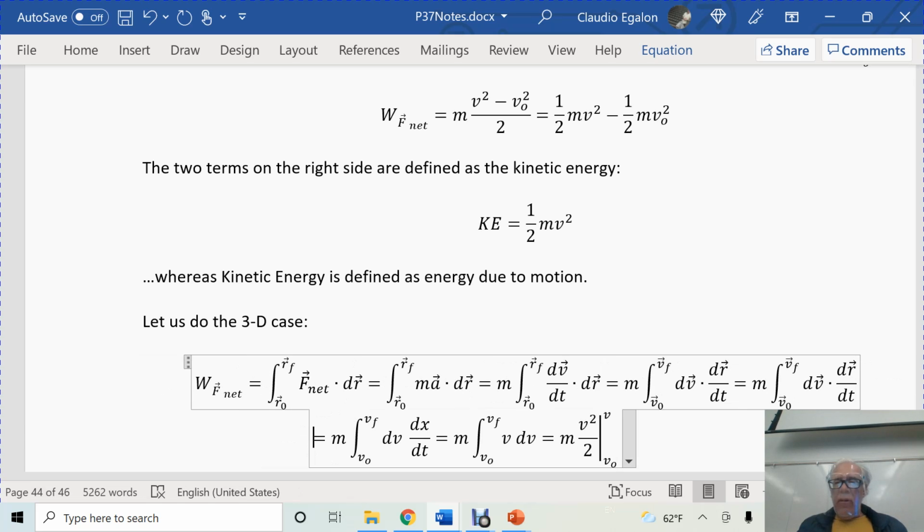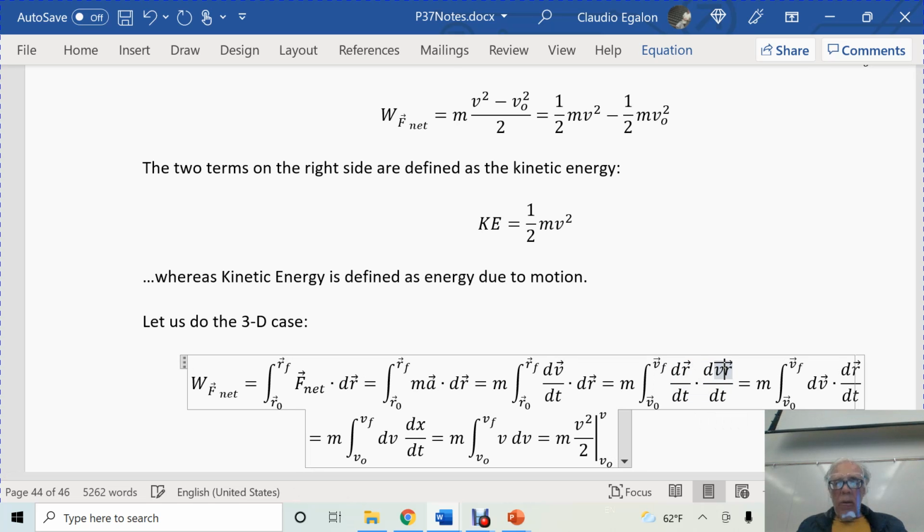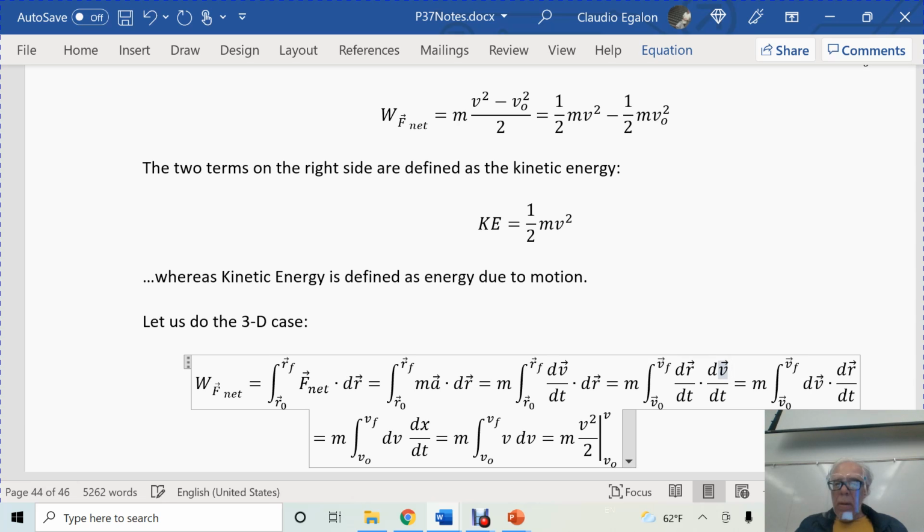Here we go. I'm gonna commute that here with this one. Remember, it's a dot product, so we can commute the terms. Like that.